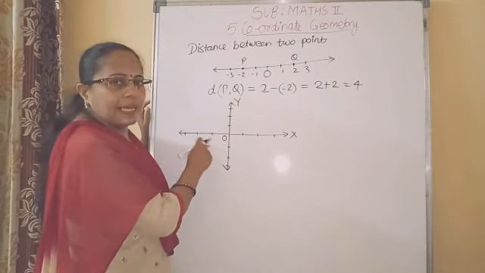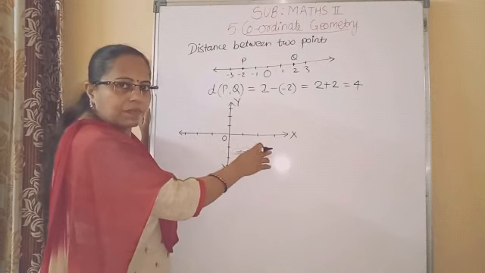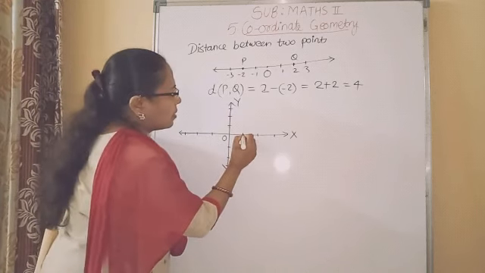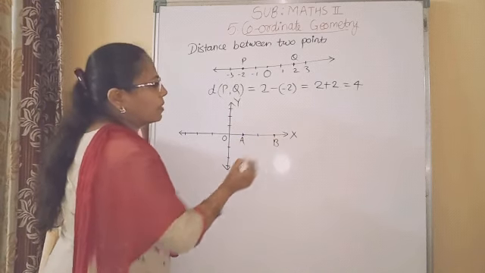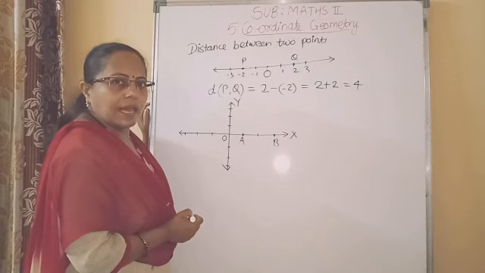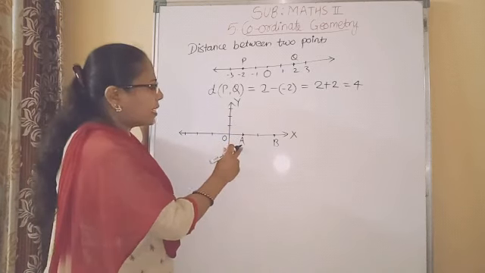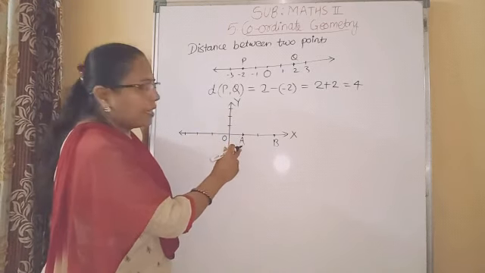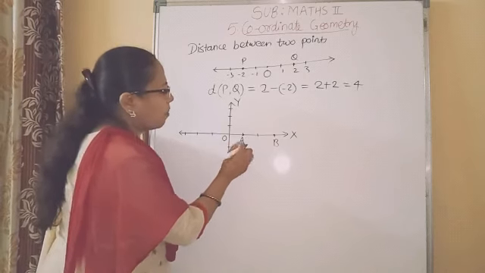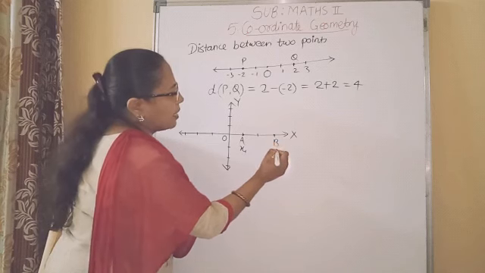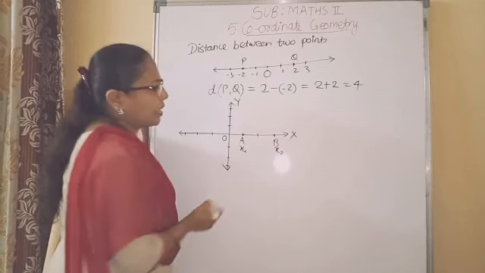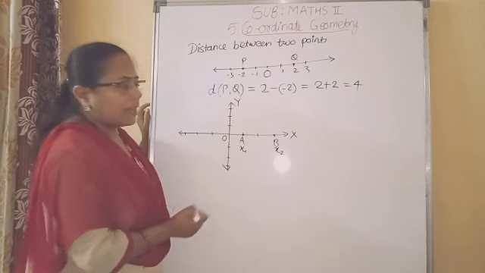Suppose the points lie anywhere on the axis. Suppose the points lying on the x-axis are A and B. Let the x coordinate of point A be x1 and the x coordinate of point B be x2.